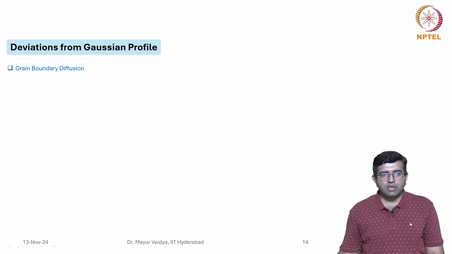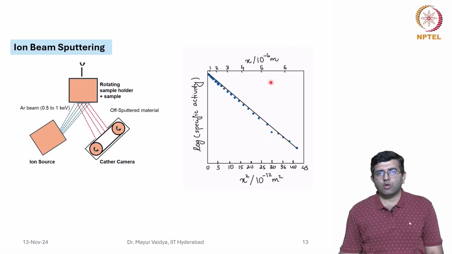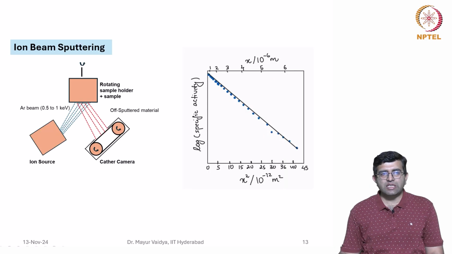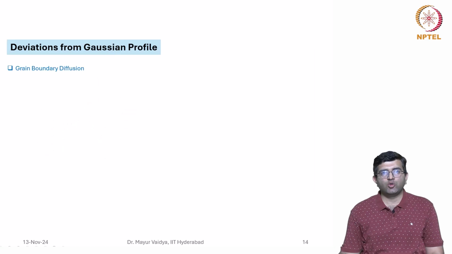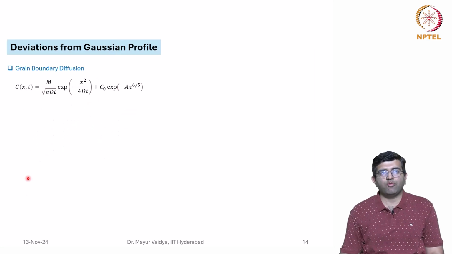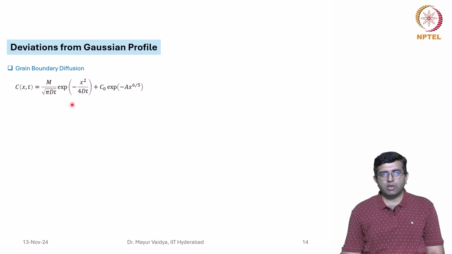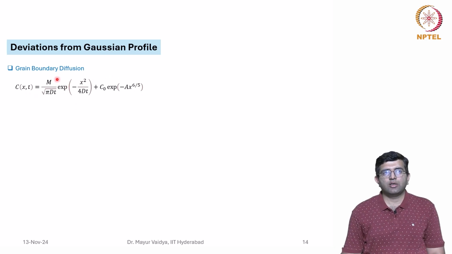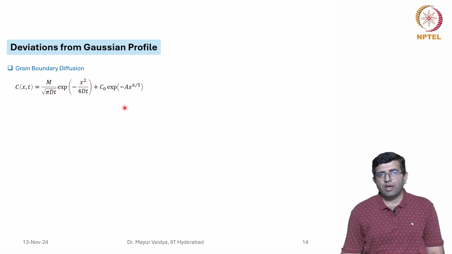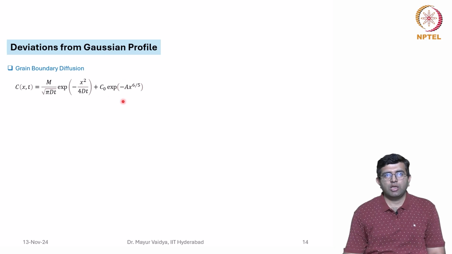You will not see only one single branch like you saw in the previous case, but two branches, and then they have to be fitted with an additional function which looks something like this, a6 to the power 5. We will see more about this later, but the Gaussian function has to be modified to take into account the branch that is generated through the grain boundary diffusion.